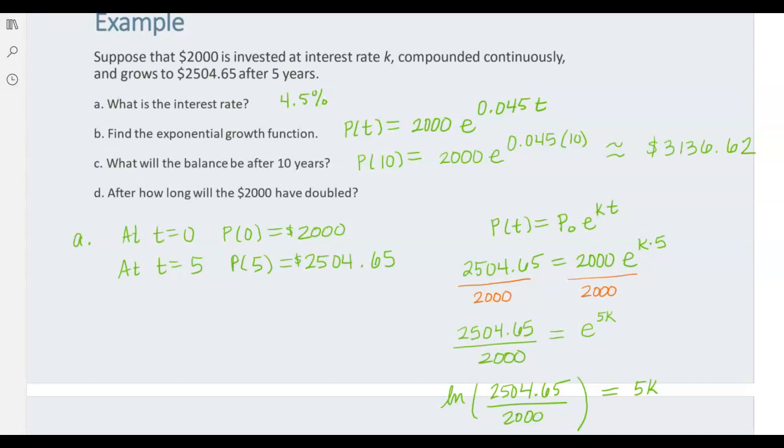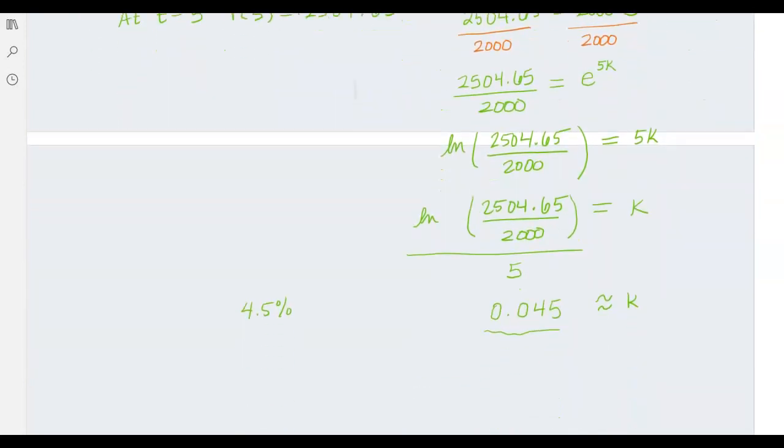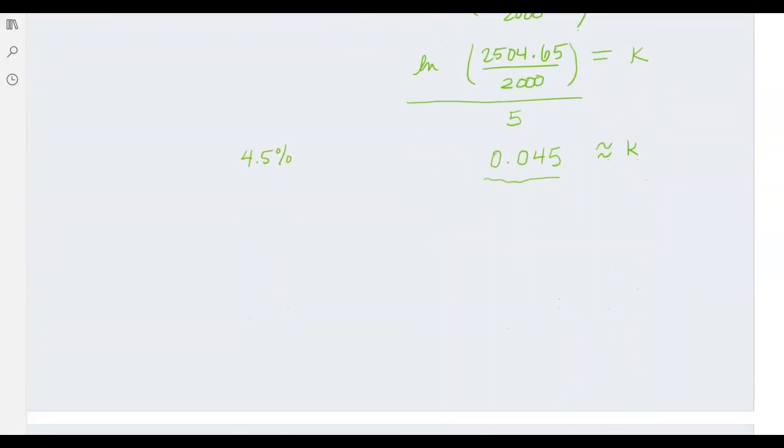And then part D is asking about the doubling time. We saw in the last example that for doubling time, we don't need to worry about the amount. We're just going to look at the exponential of the interest rate and solve for time.